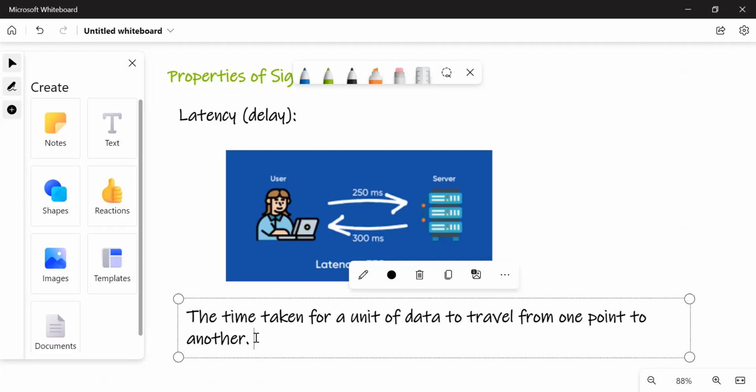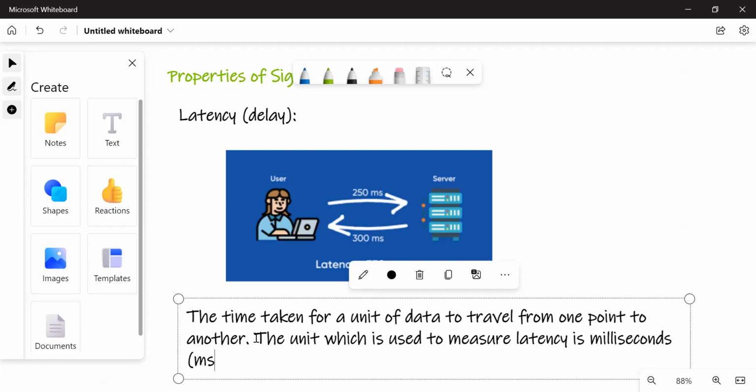So let's write down the unit which is used to measure latency: milliseconds.